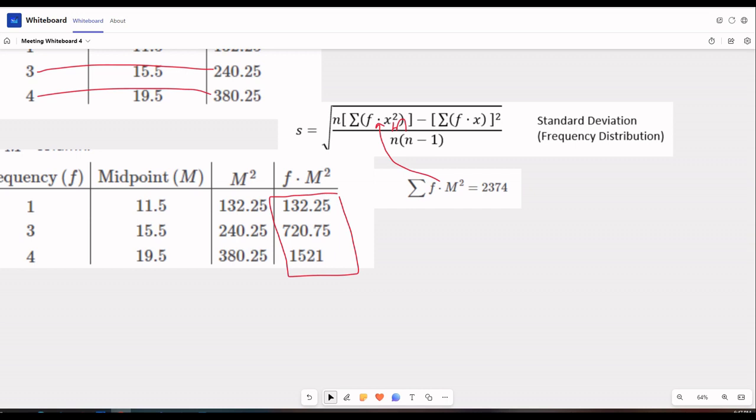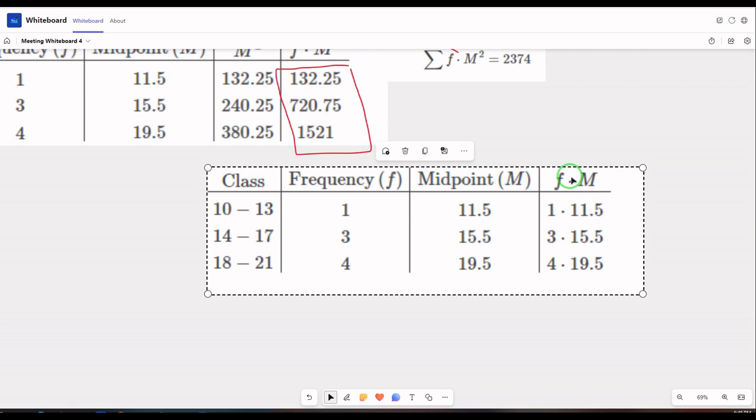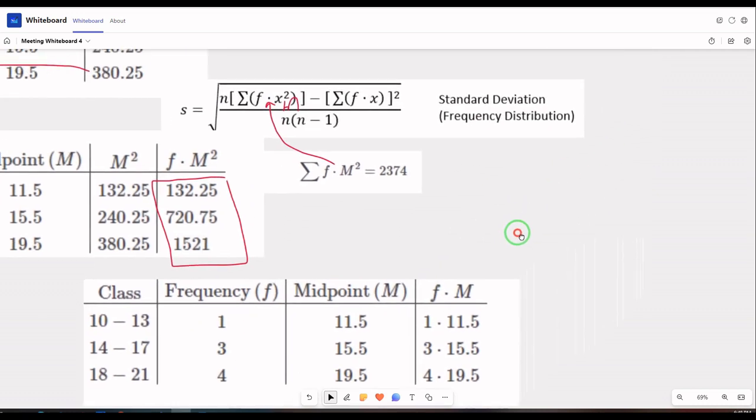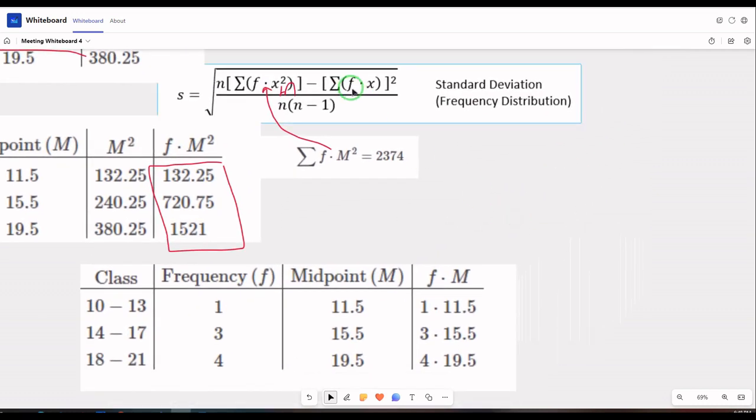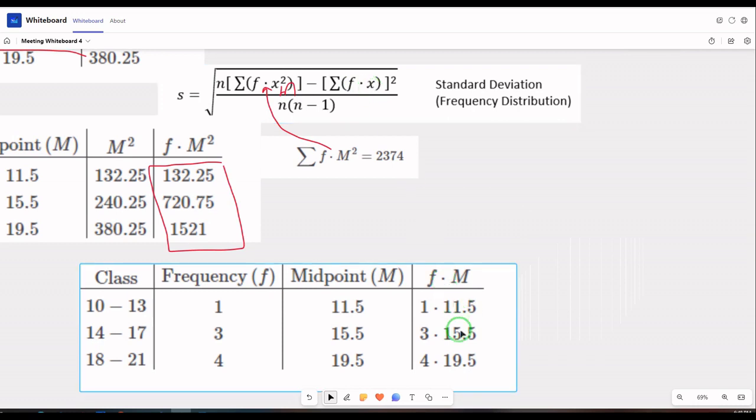So what I'll do here, I will just add a column and multiply f by m. Now I did f by m. Remember, m is the same as xm. So now I have to again add all of these values together.